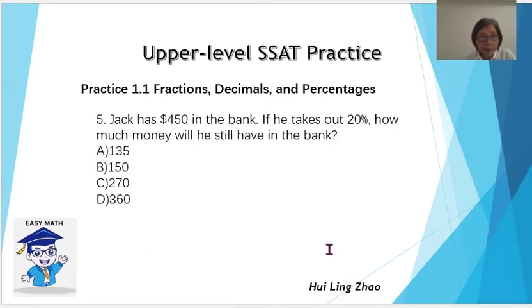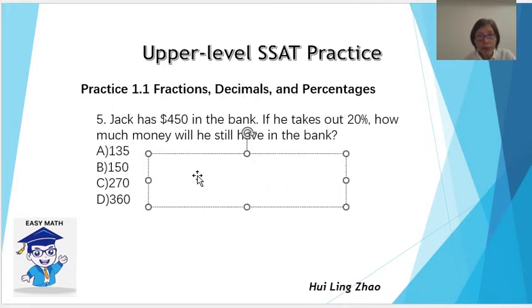Next, number 5. Jack has $450 in the bank. If he takes out 20%, how much money will he still have in the bank? There are 4 choices here. We know he takes out 20%, that means 80% is left in the bank, right?